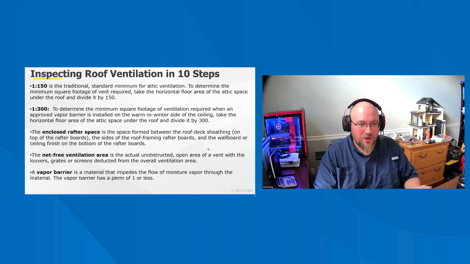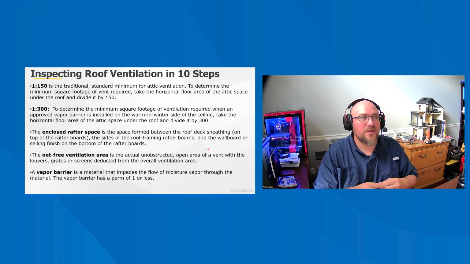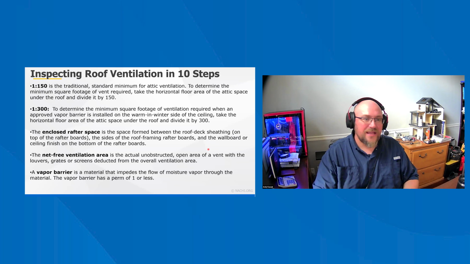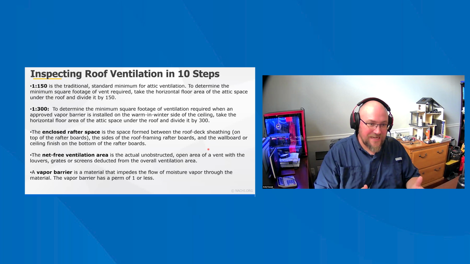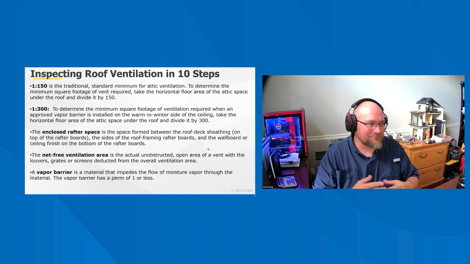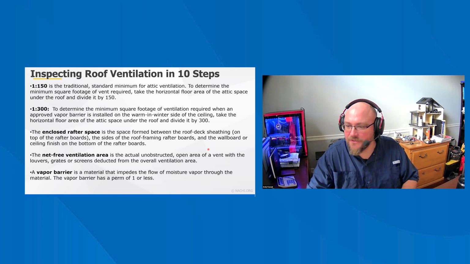If that is reduced at all, then you are reducing your ventilation, which could slow the convection motion of the air to properly get out of the attic. So now you're left with superheated attic air in the attic space, which can increase your utility costs and decrease the life expectancy of your shingles.